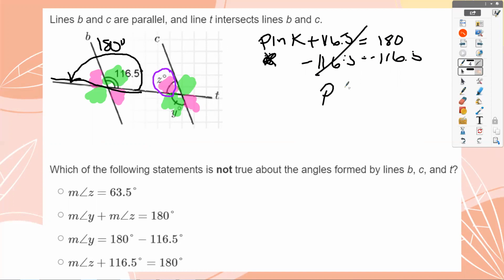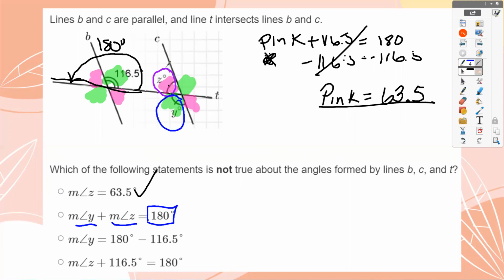So I can solve and say my pink is equal to 63.5. Since Z is in pink, that's a true statement. Now, if I come back up here, stuff looks sloppy. It says angle Y and angle Z equals 180. Well, angle Y is green, angle Z is pink, and if I have one of each color, it forms a straight line, which is 180. So we're good there.